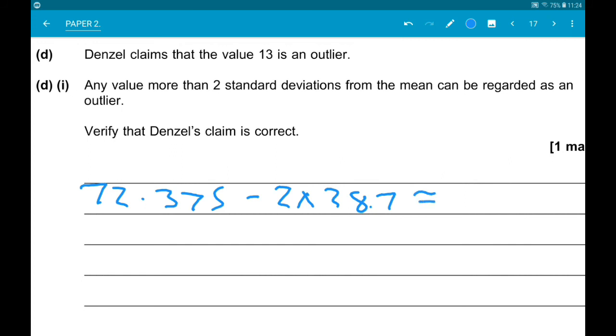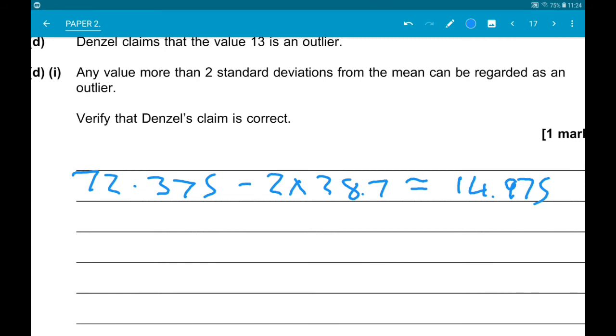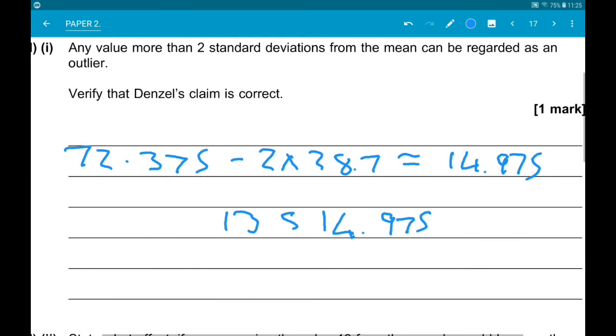Now that gives us 14.975. Now 13 is less than that. Therefore, his claim is correct.